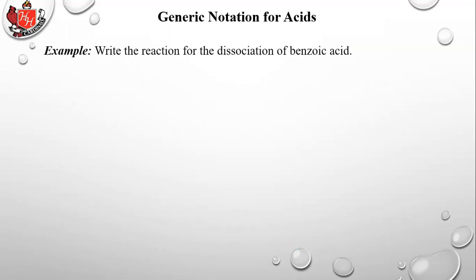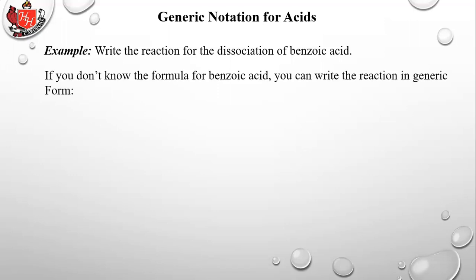Example: write the reaction for the dissociation of benzoic acid. So your first thought is, well, I don't know the chemical formula for benzoic acid? And the answer is it doesn't matter, because all acid reactions can use the generic form. So if you don't know the formula for benzoic acid, you can write the reaction in generic form.